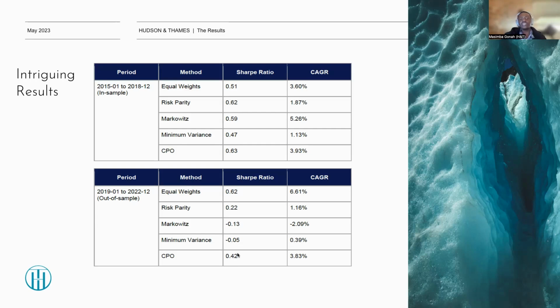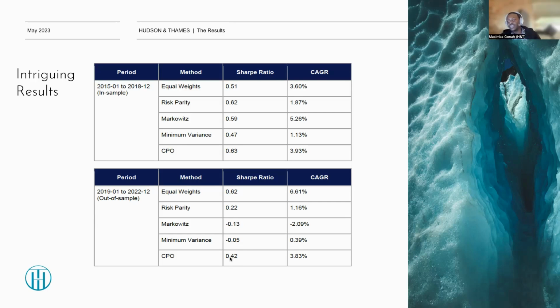They did mention this was a bit of a surprise, because they wouldn't have thought that in sample, equal weights showed no signs of potentially being the better option for portfolio optimization. But in that significant out of sample period, equal weights was actually the best, and CPO was second best, while reiterating that CPO can still perform well in this customized portfolio.